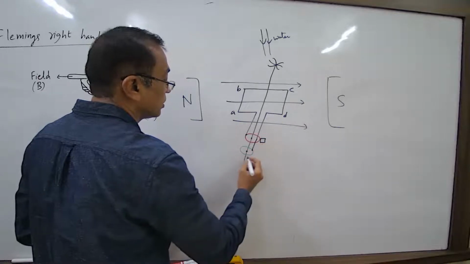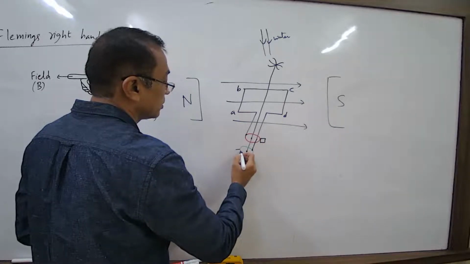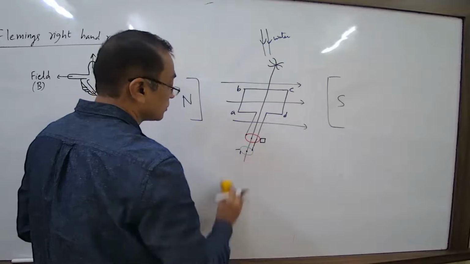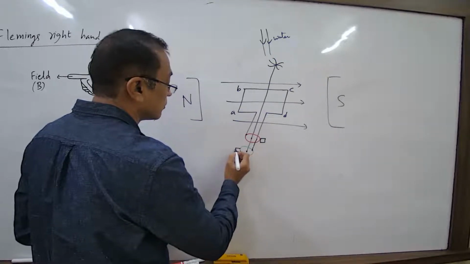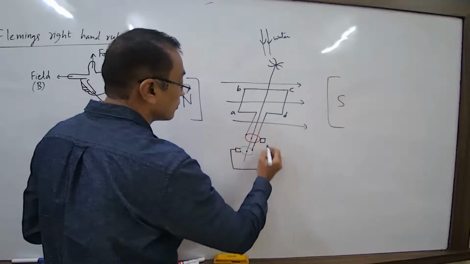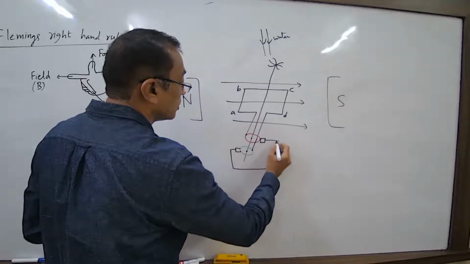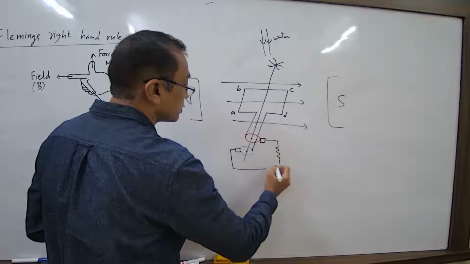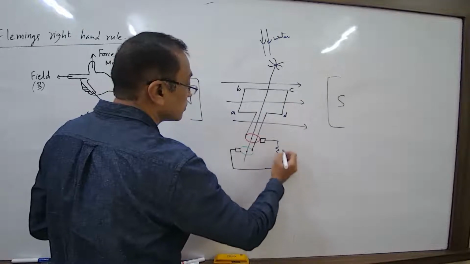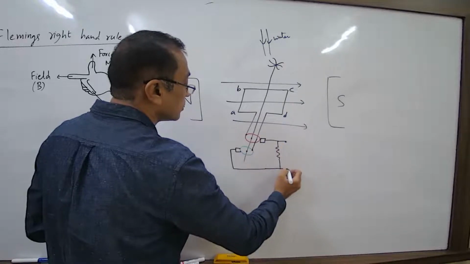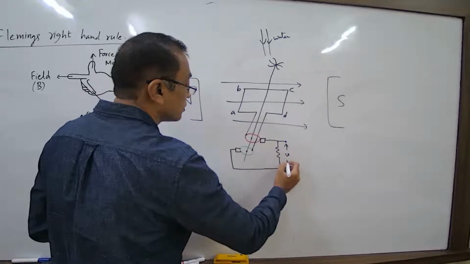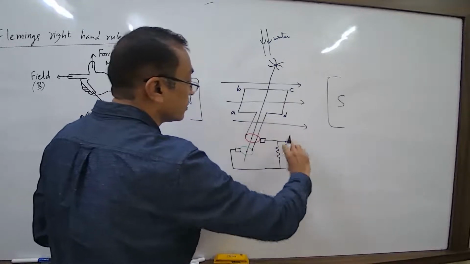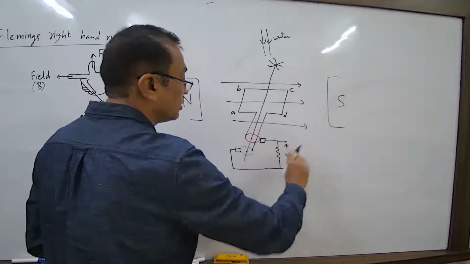One connection over here, one connection over here. Okay, and there is a resistance. I will take the potential difference from here. This is where the voltage will develop.